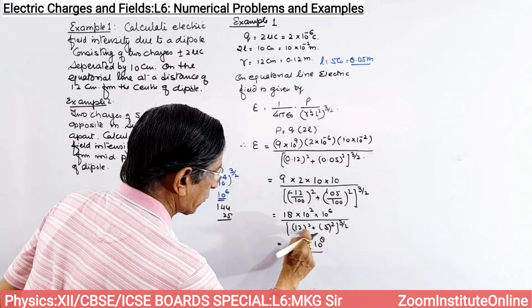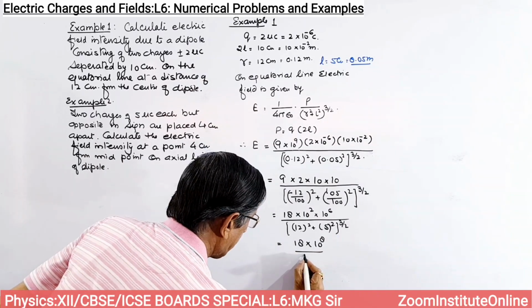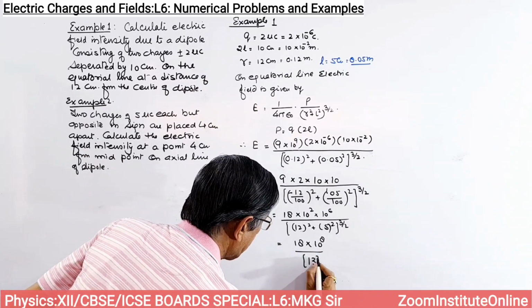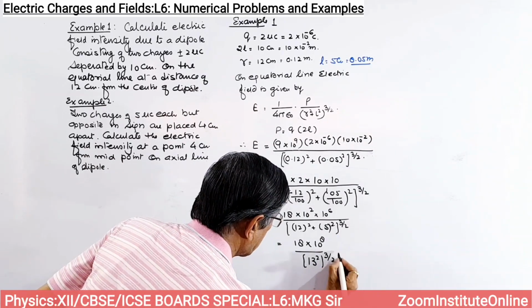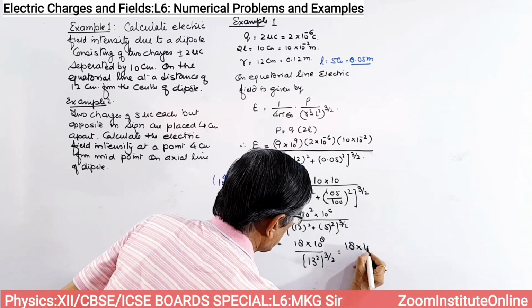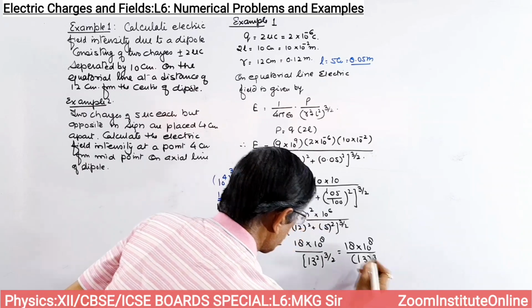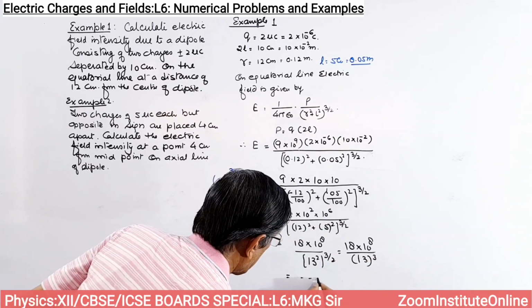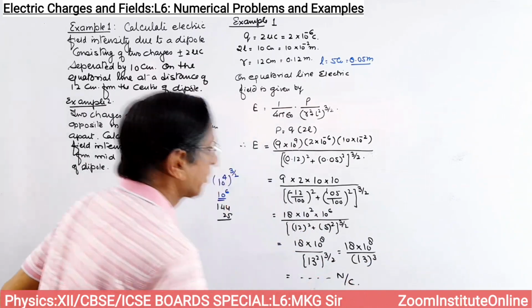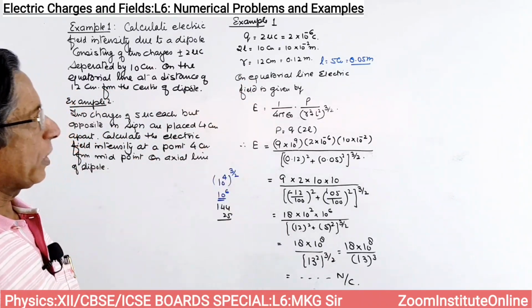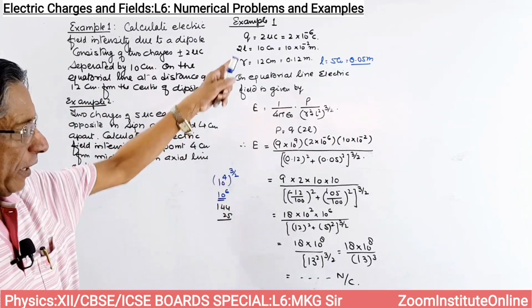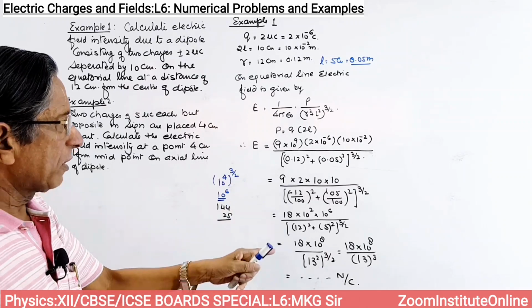So, it will be 169, or we can write it as 13 square whole to the power 3 by 2. So, 18 into 10 to the power 8 upon 13 cube. Now you solve it and you will have your answer in Newton per Coulomb. So in this way, students, you can calculate the electric field at a point on the equatorial line.